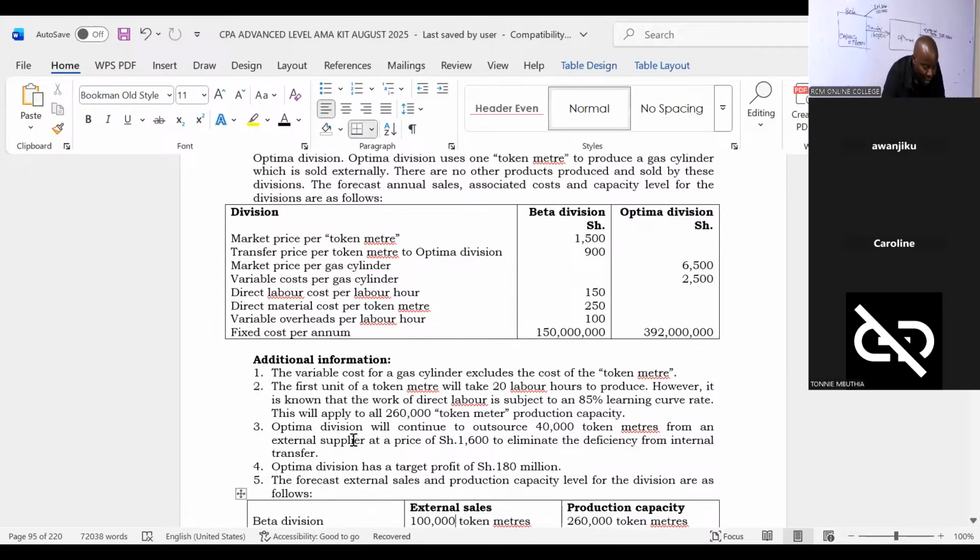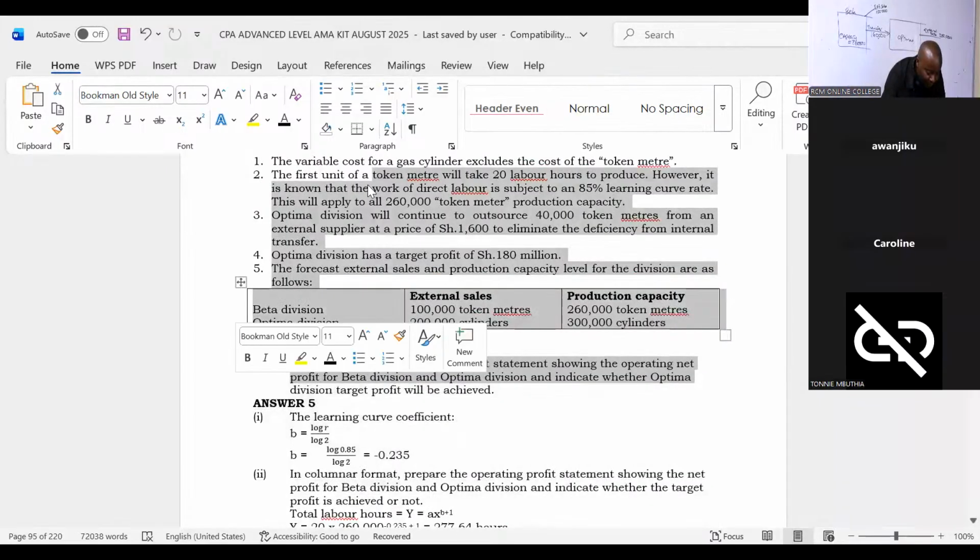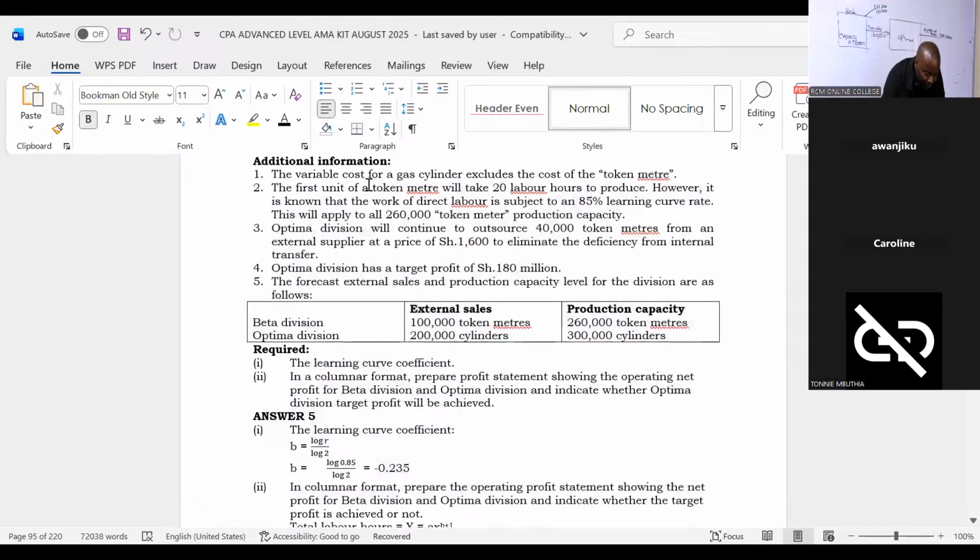We are told, number one, the variable cost for gas cylinder excludes the cost of the token meter. Number two, you have already made use of it. Three, Optima Division will continue to outsource 40,000 token meters from an external supplier at a price of 1,600. And I told you I was able to see this. How did I get to see this, ladies and gentlemen?